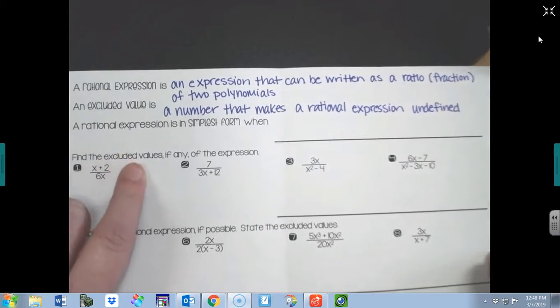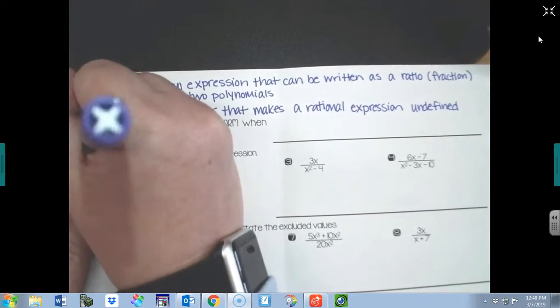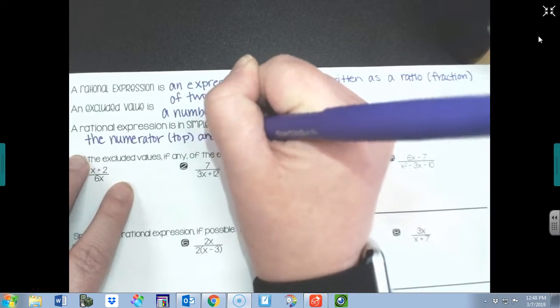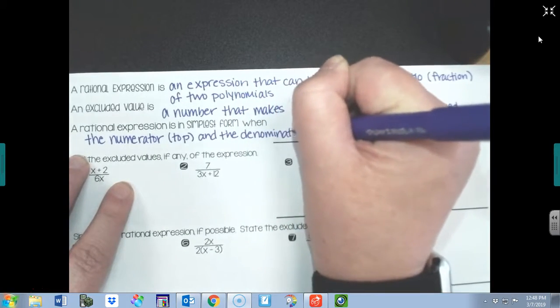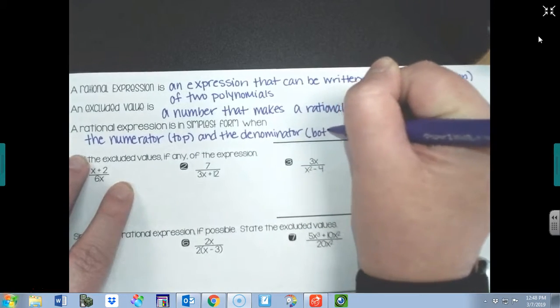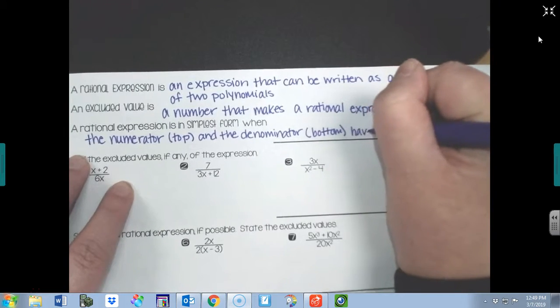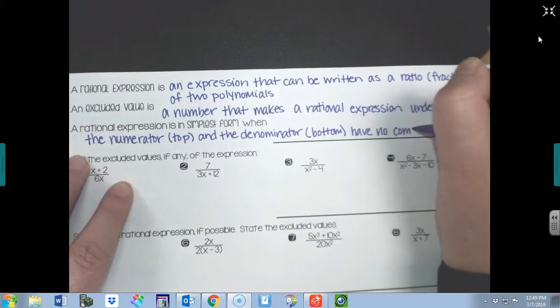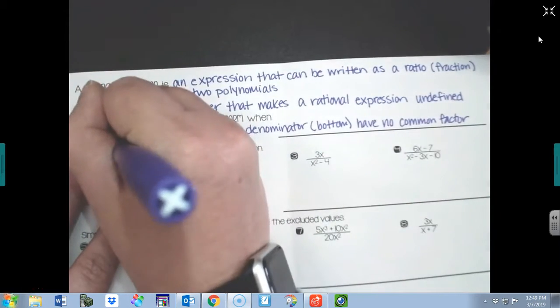Okay, then finally, a rational expression is in simplest form when the numerator, again, the numerator is the top, and the denominator, also known as the bottom, have no common factor other than 1.